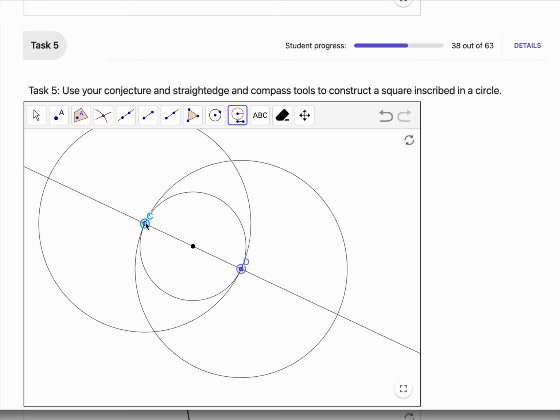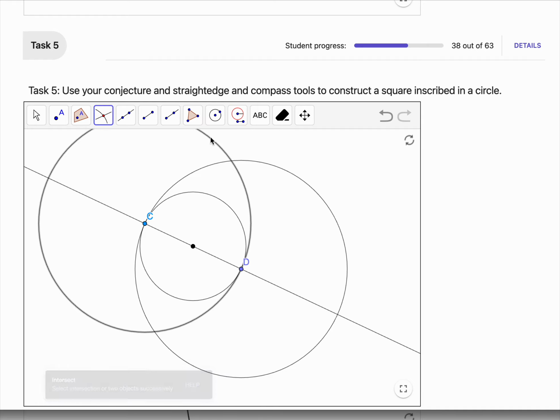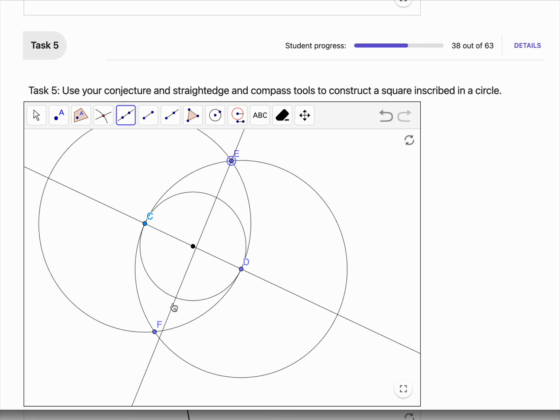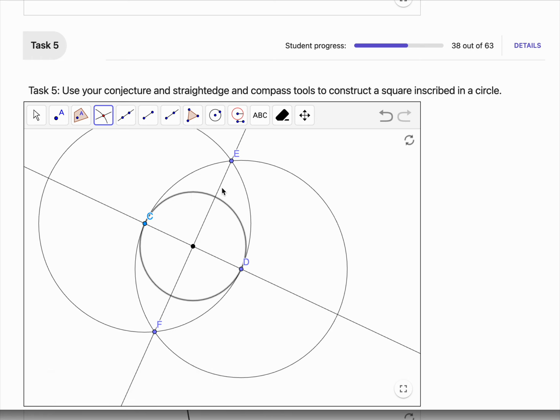So there's my two circles and my two intersection points. Select these two, E and F. If I draw a line through there, I'm going to have two more points right here and right here that are intersecting with that circle. So I'm going to select those intersecting points between the circle and this line, and there they are, G and H.